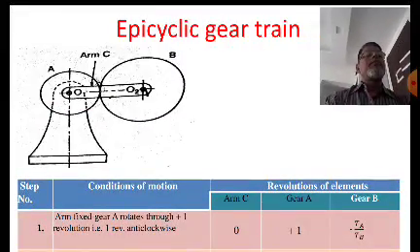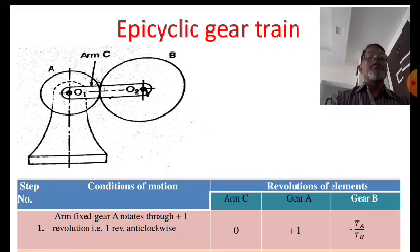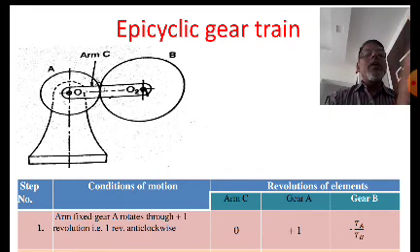And the fourth one is the epicyclic gear train. Now here you can see this gear A is pivoted and fixed. Then there is the arm C, and the gear B is pivoted at point O2 and meshed with gear A. Now when the arm rotates, definitely gear B will also rotate.